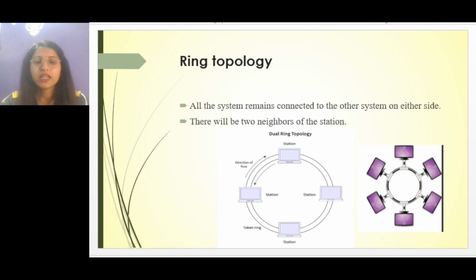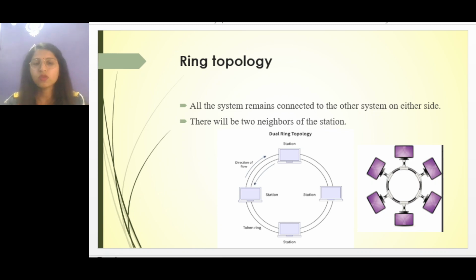So what is the advantage of ring topology? All the systems within the network get equal access to the resources, and if the traffic flows, the token passing technique increases the performance of the ring topology. It is manageable and easy to configure. And what are the disadvantages?